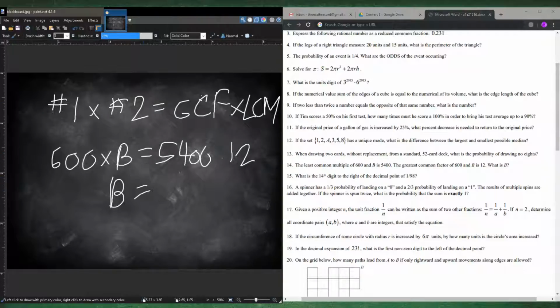So b is equal to 5,400 divided by 600, which is just 9, and then 9 times 12. So b has to be 108. So your answer is 108.